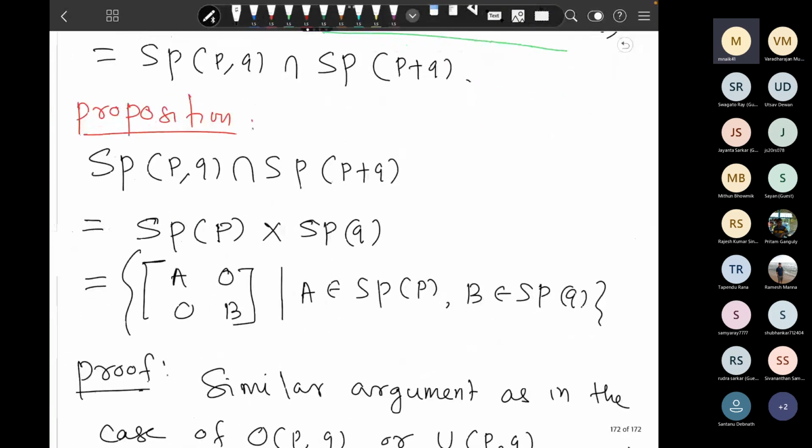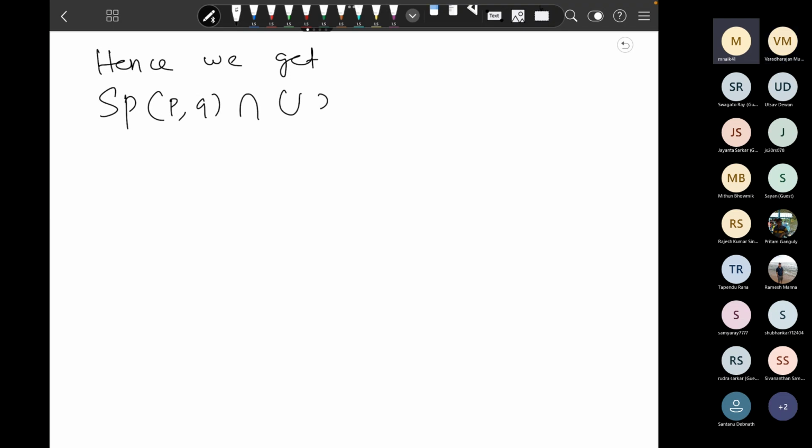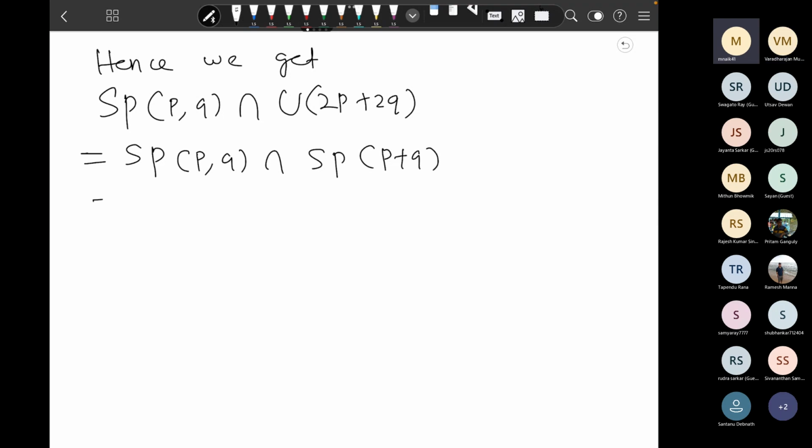So what I am getting, hence we get this SP(P,Q) intersection U(2P+2Q) is the same thing as SP(P,Q) intersection SP(P+Q), and this is SP(P) cross SP(Q).